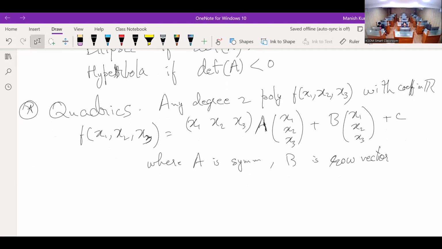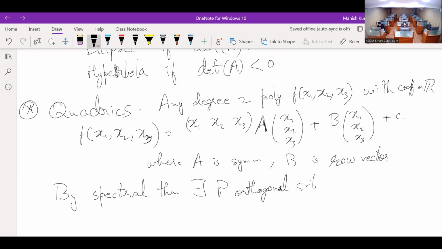And then you can ask what are the various cases you can get. Again, by the spectral theorem, there exists an orthogonal P such that P transpose AP is diagonal.